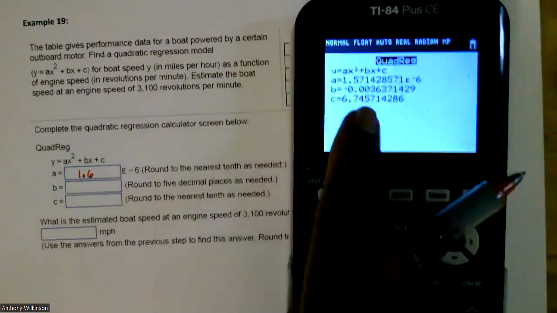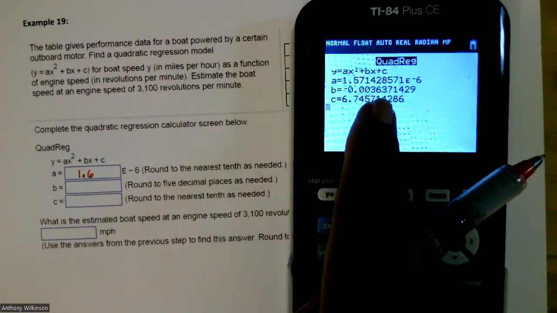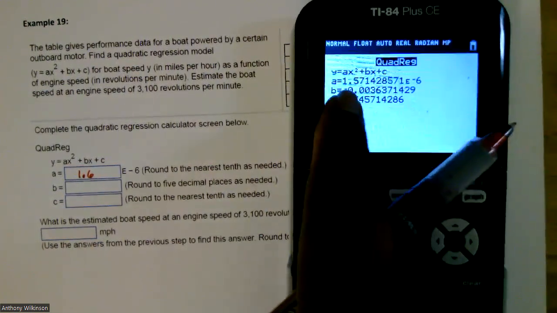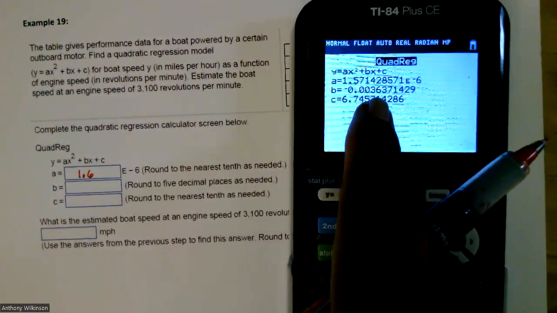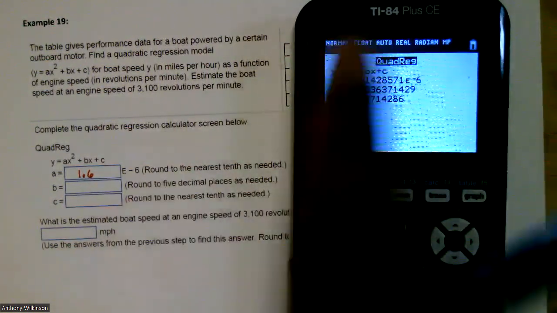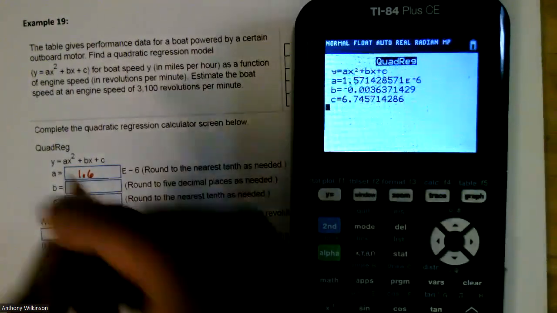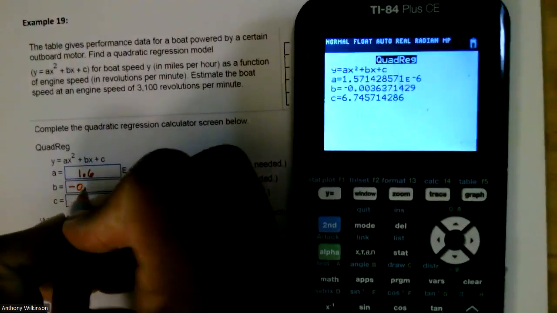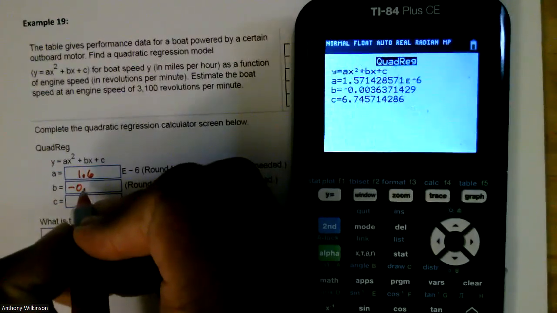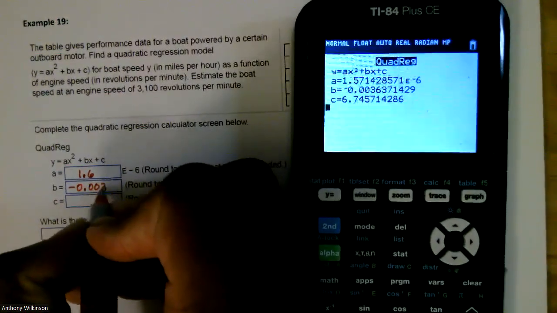B, to 5 decimal places, they give us negative 0.00364. The fifth number is a 3, the 7 makes it a 3 or 4, so it'll be negative 0.00364.